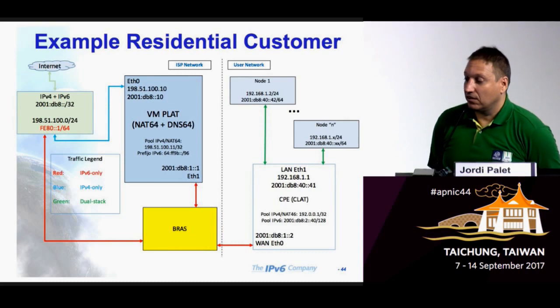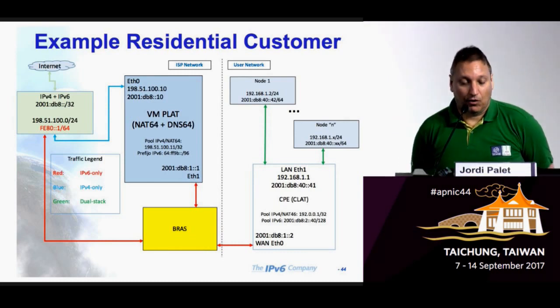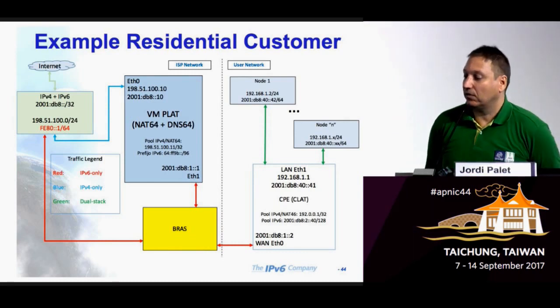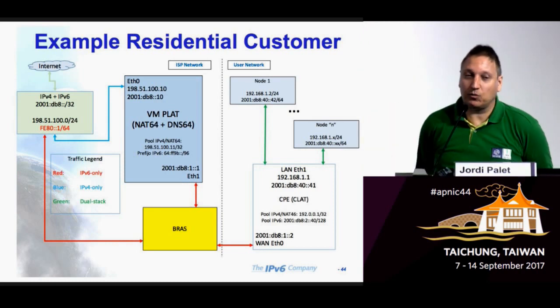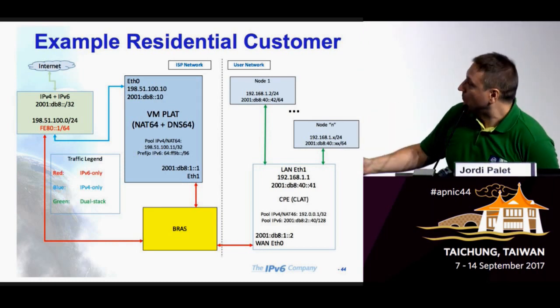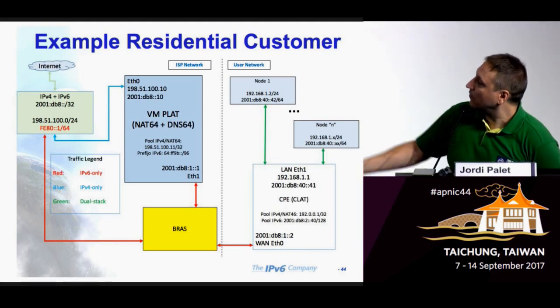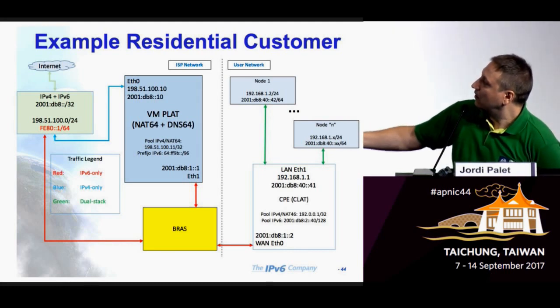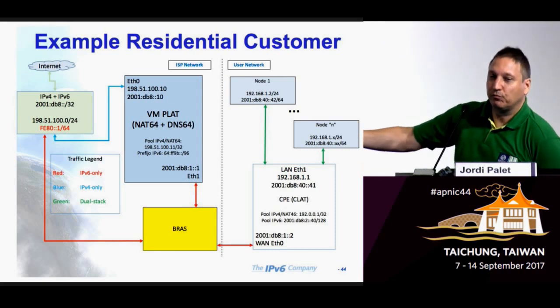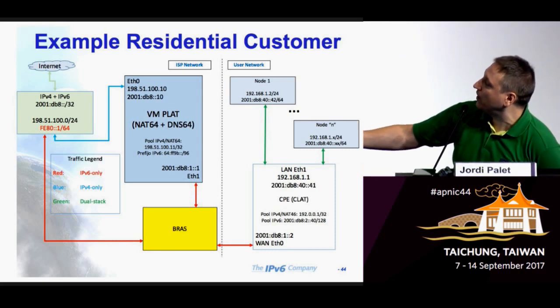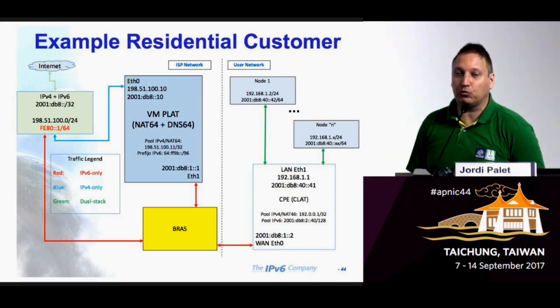And this is an example of a single customer. Here, this side is the user network, and this is the ISP. This is a real setup that I am using for demonstrations, and I am running the NAT64 and the DNS64 in Ubuntu virtual machines.